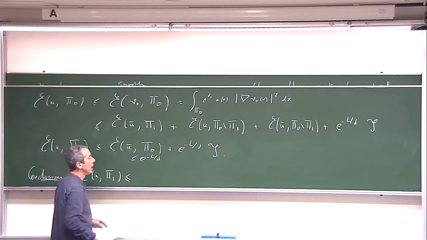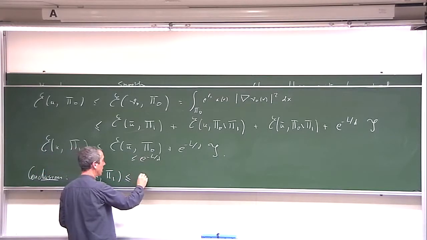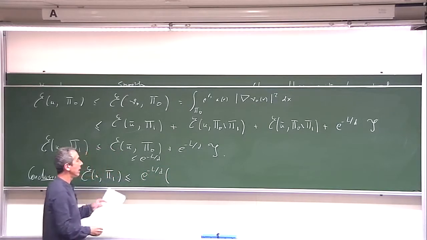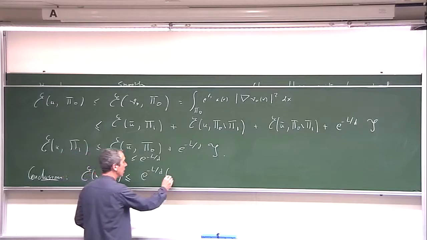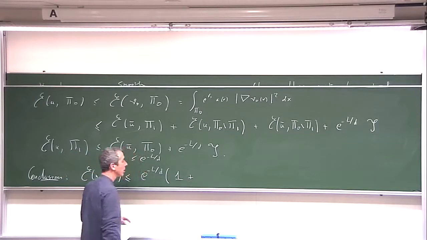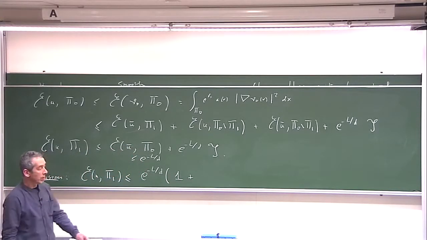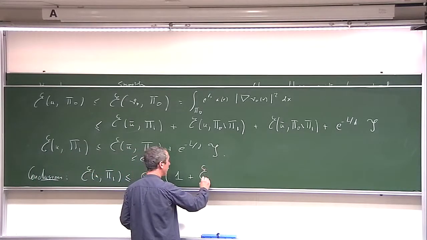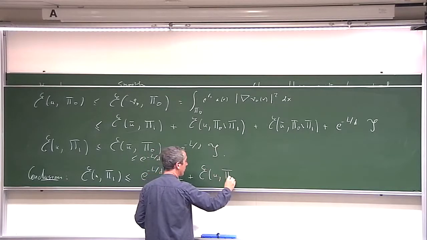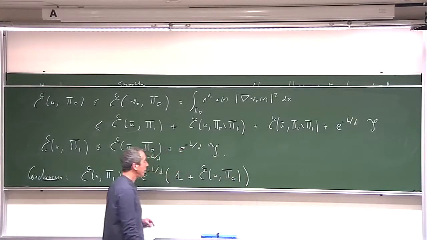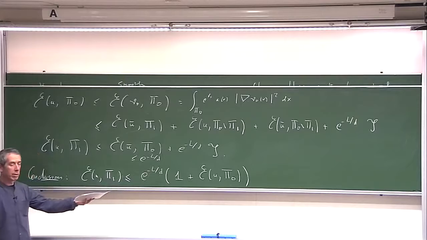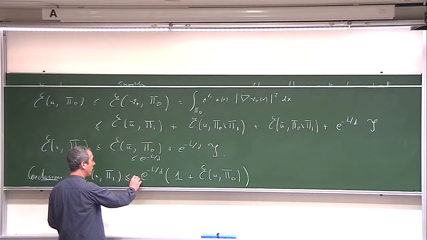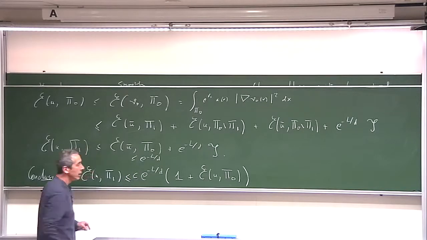And this will be less than, let us put exponential minus L to the d in factor, and then there are terms of this order, 1 plus the energy of u in pi 0. So what we get at the end is an inequality of this form. And I'm neglecting some lower order terms here, and I'm certainly neglecting a constant.